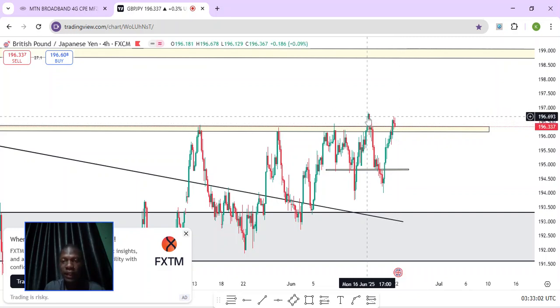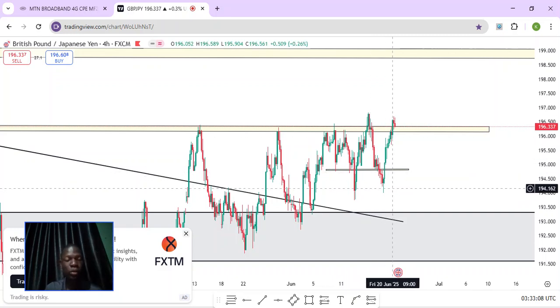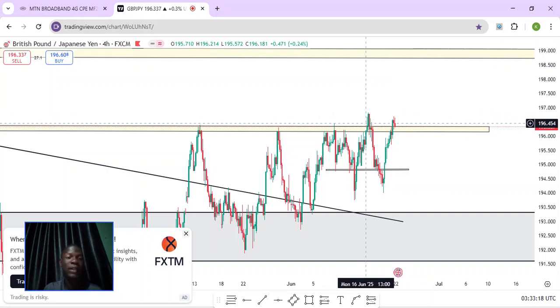You guys can see the 4 hours candle has even closed above, but ended up coming back into this zone, because this is more or less like a range. So a daily candle will make us very sure we are ready to go, because the 4 hours candle closed above but ended up coming inside. So it didn't really break it. So a daily candle close above, then we are going to be sure.